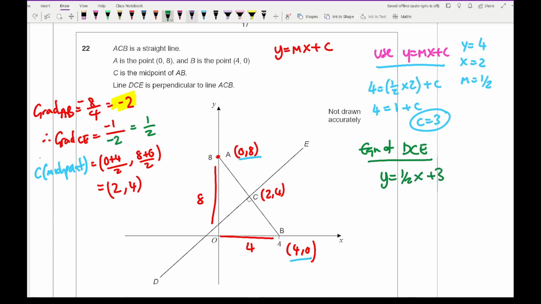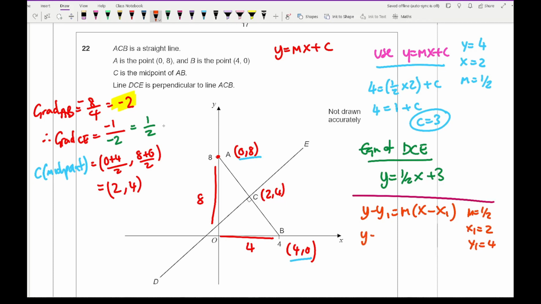Now another alternative method you could use is y minus y1 equals m times x minus x1. The variables for this are m equals 1/2, x1 equals 2, and y1 equals 4. If you substitute the values in, we get y minus 4 equals 1/2 times x minus 2.